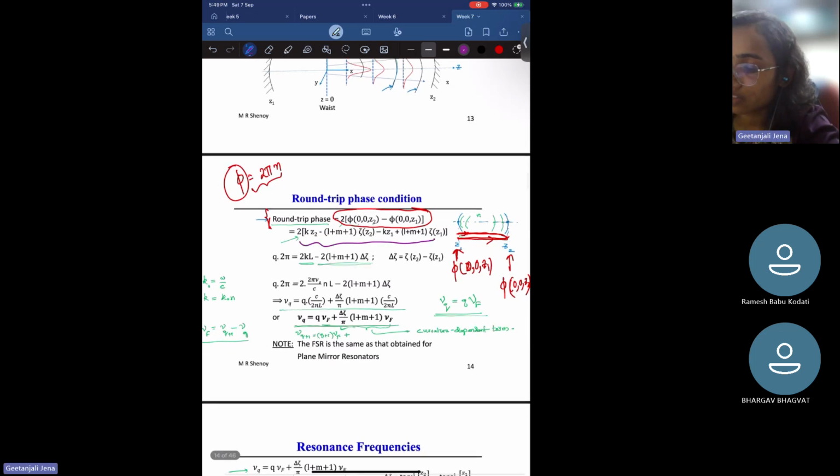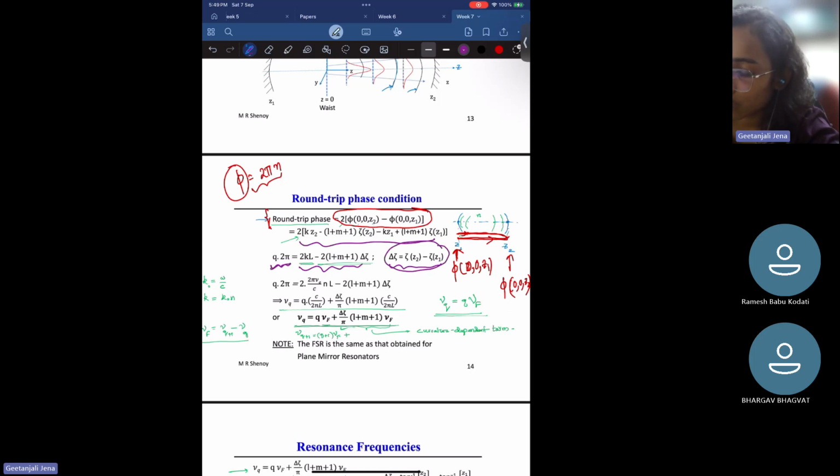And this round trip phase must be equal to some integral multiple of 2π for the resonance frequency. So this should be equal to 2qπ, where Δζ is this term.